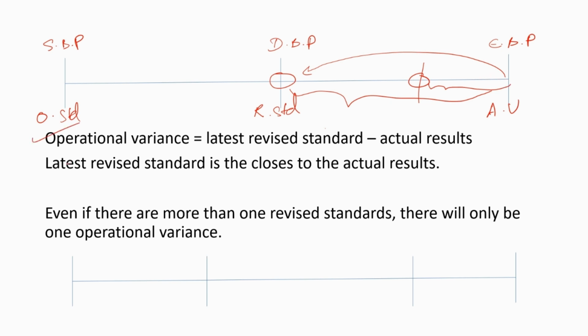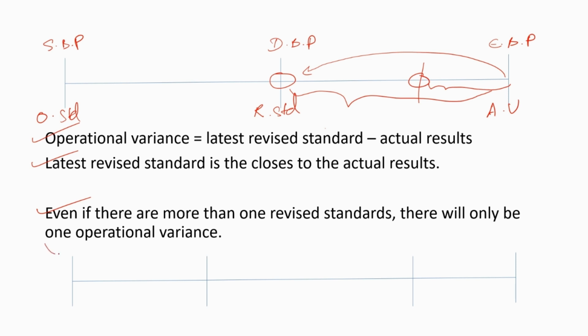Operational variance is equal to the latest revised standard minus actual results. Even if there is more than one revised standard, there will only be one operational variance.